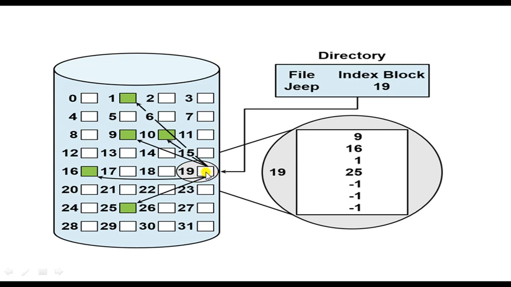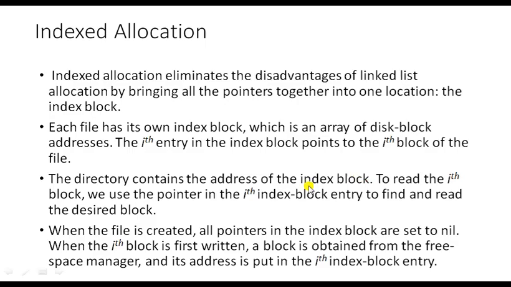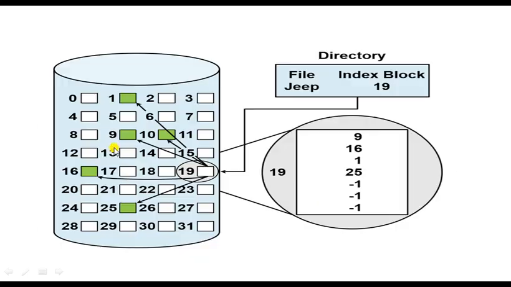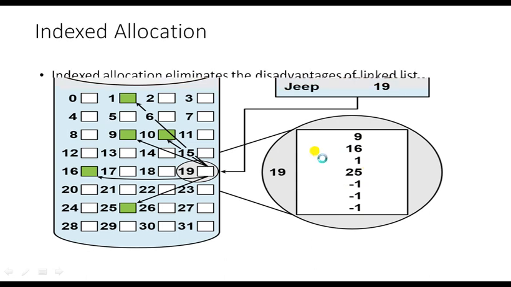It reserves one block, and there it generates one index file. Here each file has its own index block. For every file there is one index block, which is an array of disk block addresses. So what does it contain? Disk block addresses: 9th block, 16th block, 1st block, like that.